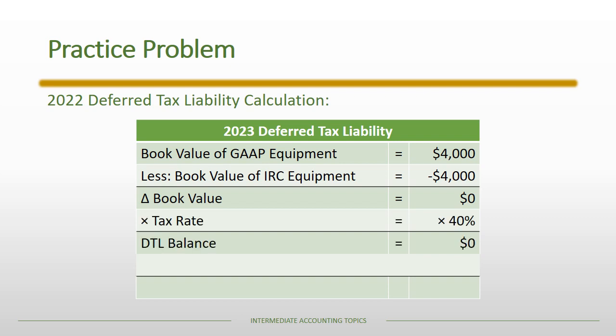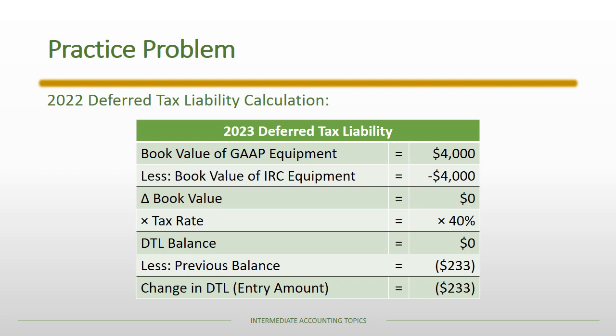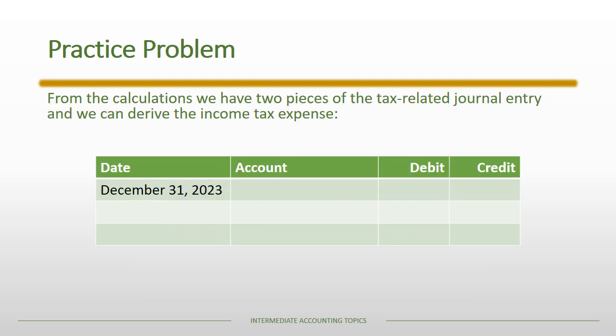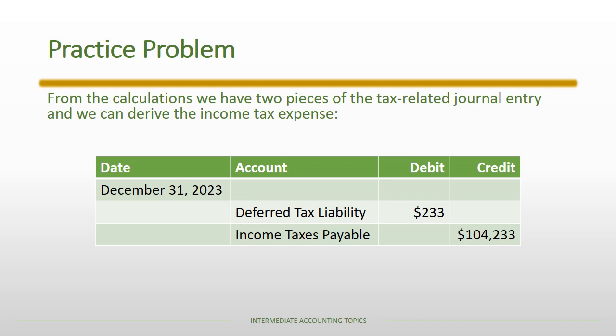Since there's no difference in book value, there's no future taxable income, which means there is no deferred tax liability balance. Compare it to a previous balance, and we can see we do have another reduction in our deferred tax liability. Now to our journal entry, we start with our income taxes payable, the decrease in deferred tax liability, which means we get our income tax expense.